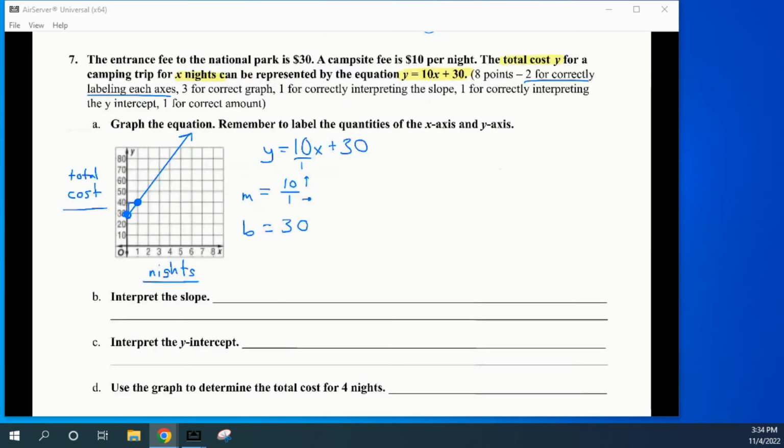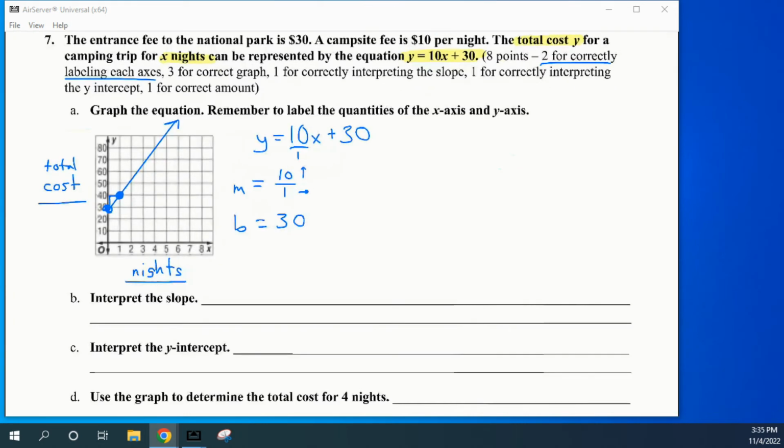So I guess I may want to read where my points come from. 2 for correctly labeling each axis, 3 for the graph, got that. We need to do the interpretation and then the 4 nights thing. So the slope is always the rate of change, so it's 10 and 1, what we have here. What that's going to be, according to the problem, is $10 per night.